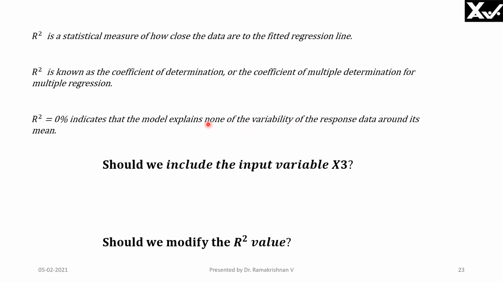The model explains none of the variability of the response data around its mean, right? Okay. Now, R squared value will always increase with addition of variables. But that again is deceptive because whether the additional input variable is really improving the model or not, we'll have to find out. That we will see in the other video.